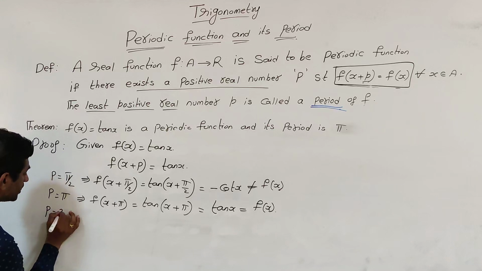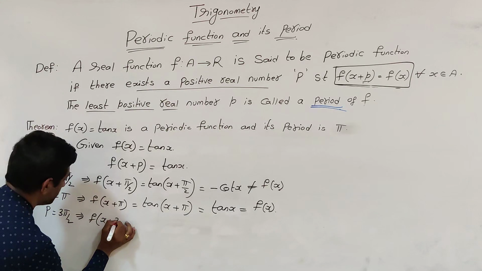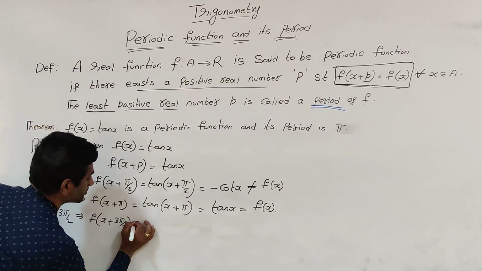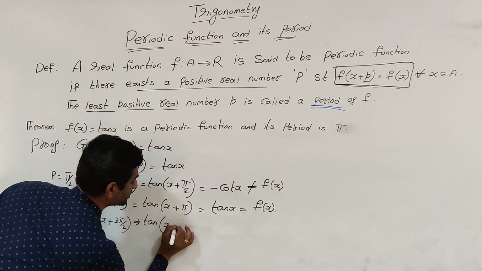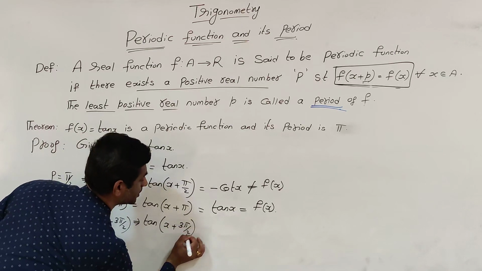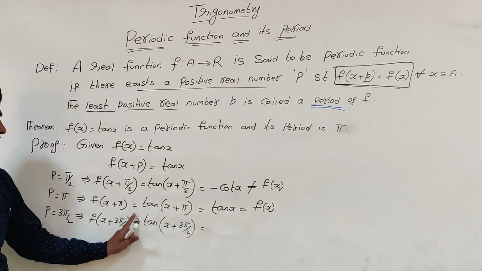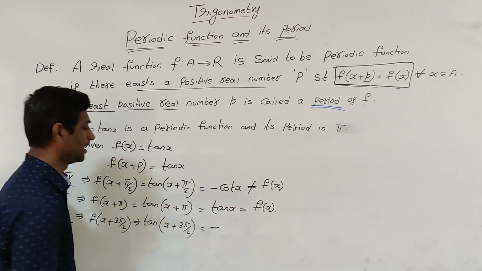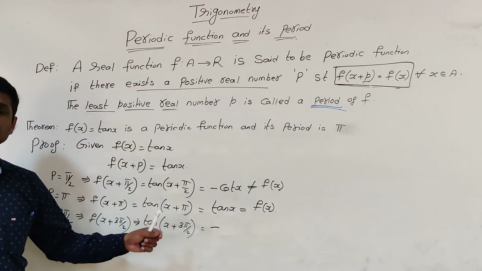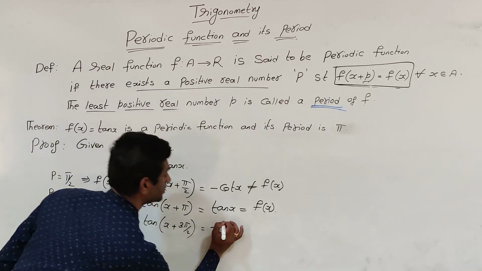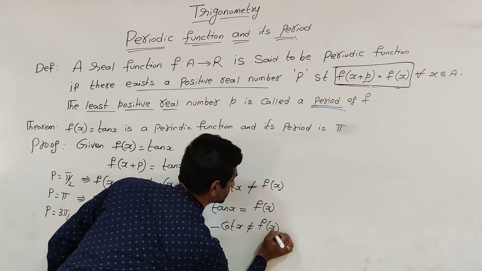Next, p is equal to 3 pi by 2. F of x plus 3 pi by 2 is tan of x plus 3 pi by 2. So 270 plus theta lies in the fourth quadrant. In the fourth quadrant, tan is negative, and it is an odd multiple of 90. 3 means odd, so the trigonometric ratio changes. Minus cot x, which is not equal to f of x.